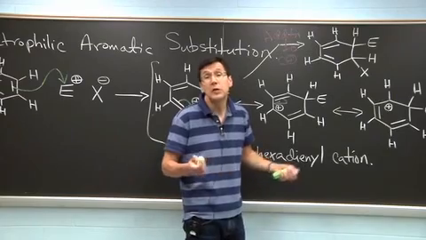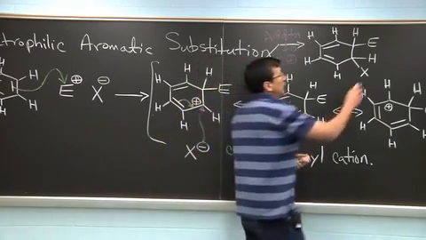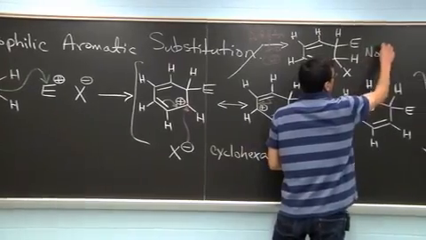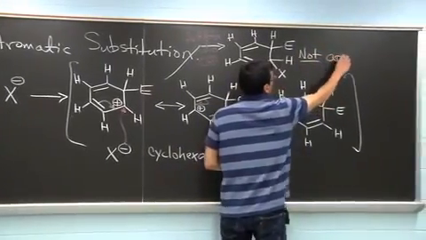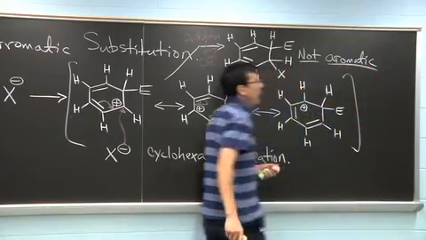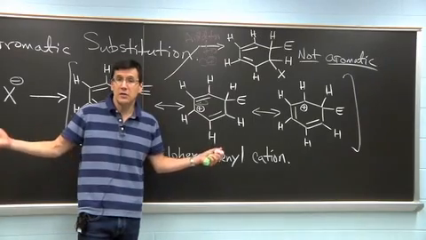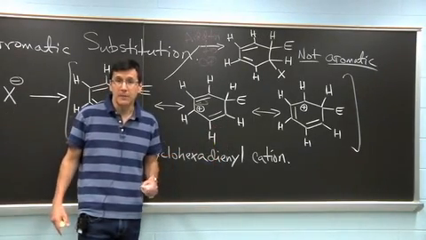So there's no 2p component at either of those sp3 hybridized carbons. So this is not aromatic. So that is perhaps not the most favorable product because in the end we've given up the aromatic ring.